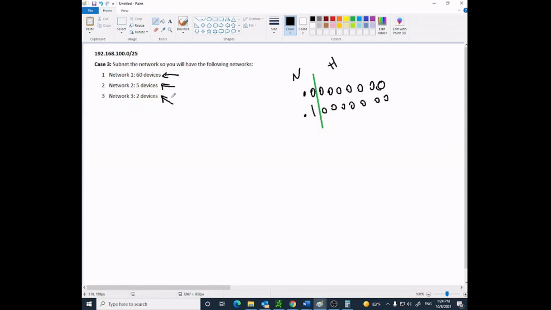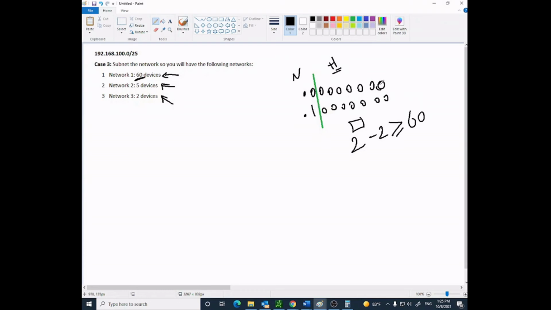Now, the question we have to ask ourselves is: we need to have 60 devices, so how many of those host bits do I need to keep to get 60 devices? Remember, the equation is 2 to the power of that number minus 2 should be greater than or equal to 60.